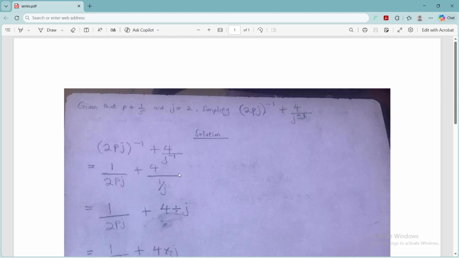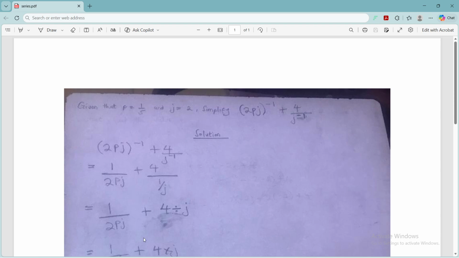4 divided by 1 over j, representing the fraction 4 over j^-1, right?